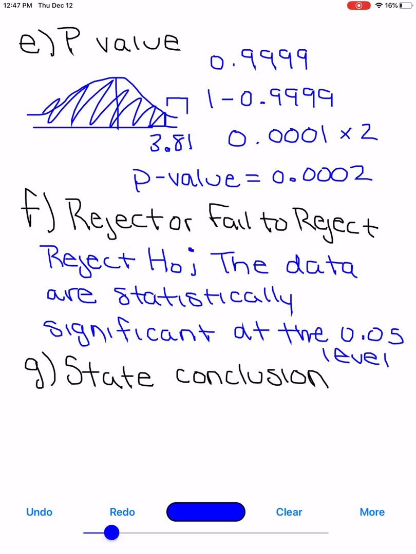So for Part G, it says to state your conclusion in the context of the application. This is taking Part F, rephrasing it almost, and applying everything you did above that.